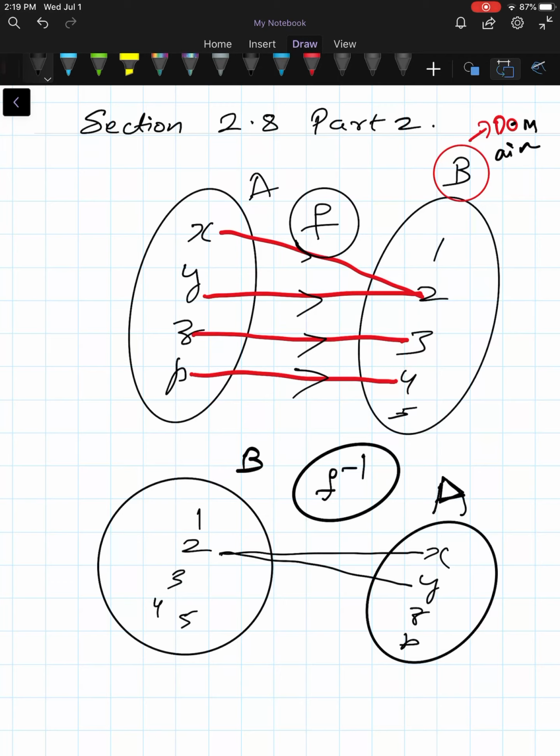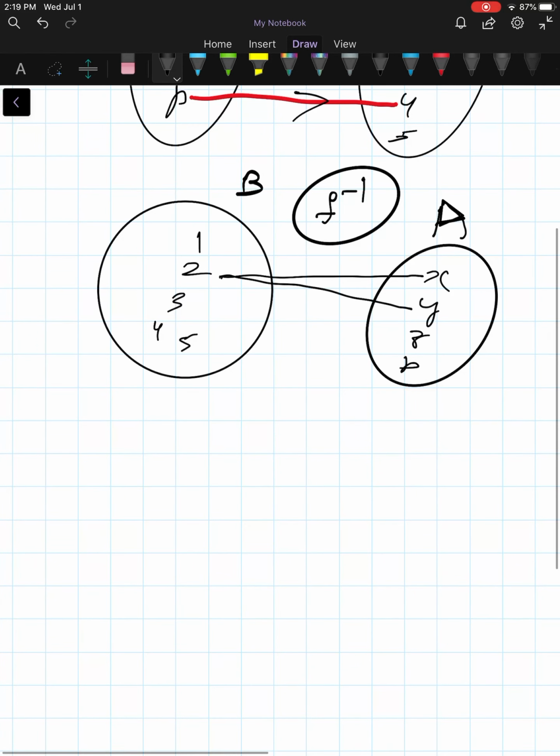So let us now define the inverse of a function.